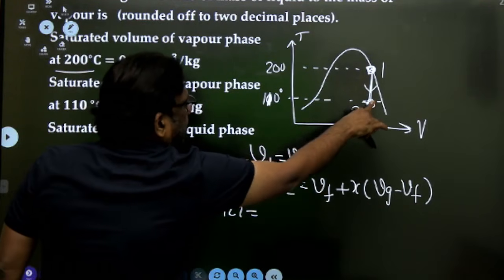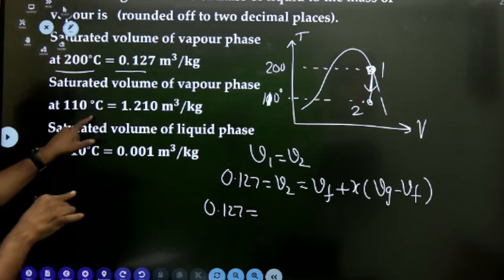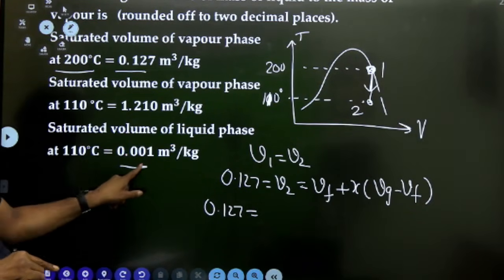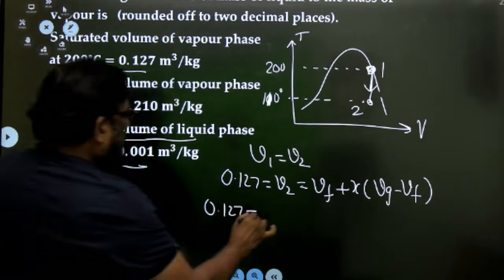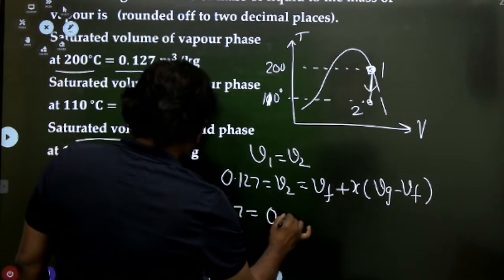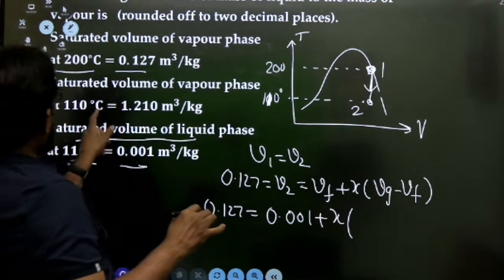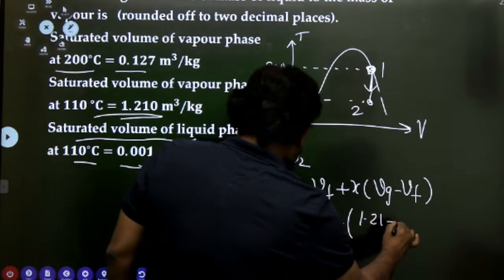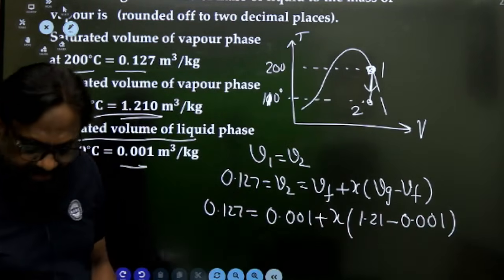So at 110, what is the liquid volume? See, Vf, saturated specific volume of the liquid at 110 is 0.001. Plus x into Vg. What is Vg at 110? 1.21 minus Vf, which is 0.001. So everything is known except x.